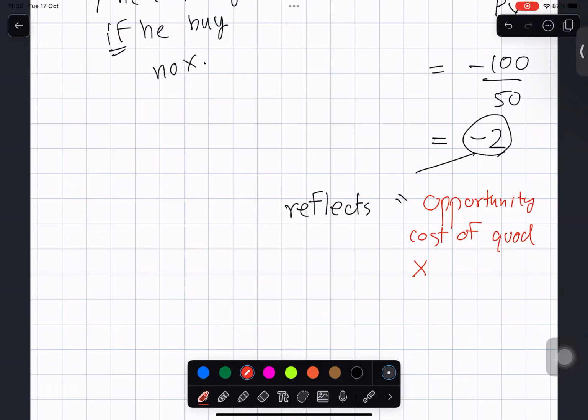Otherwise, you cannot have more pizza. That's why it deserves to have this term. What you have to give up, opportunity cost. What you have to give up if you want to pursue pizza, 2 cans of Pepsi. So the slope of the budget line is quite meaningful, telling this guy this rate.